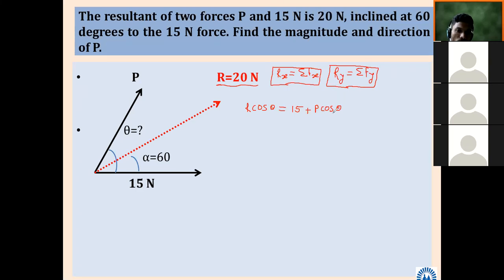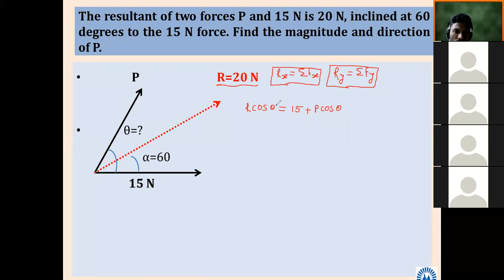With whatever values we know, here instead of cos theta I will write cos alpha, because the alpha notation is given here. What is the value of R? 20 Newton, into cos 60, correct? Equal to 15 plus P cos alpha, where P and the angle are unknown.